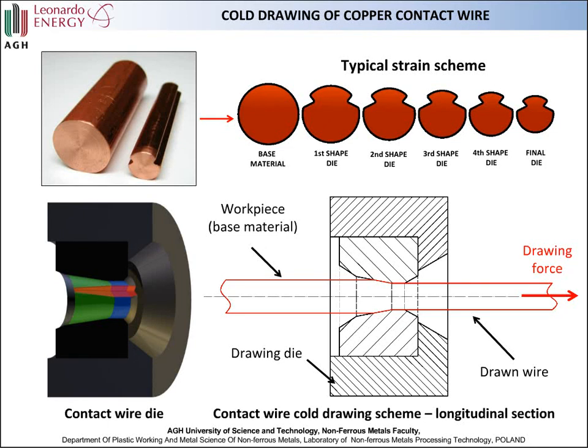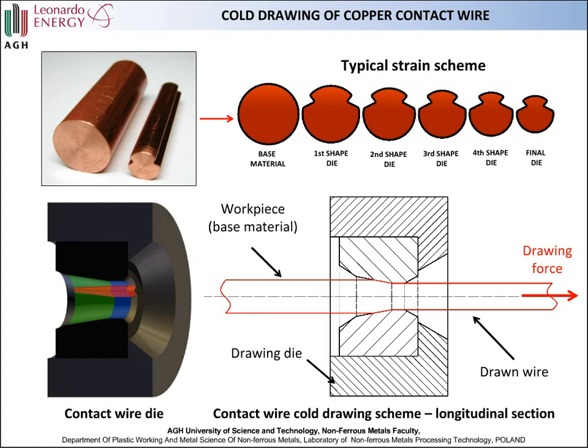This guarantees the best geometrical parameters of the final product. Also, which is very interesting, for the cold drawing of trolley wires, we need to use special wire dies, which are also shown in the bottom left corner of the slide.